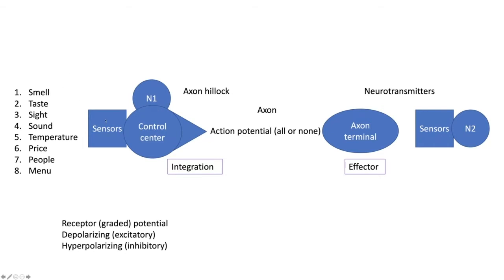And then we have potentials that occur here in the sensors that can be excitatory or inhibitory. These are called receptor potentials or graded potentials, sometimes known as local potentials, because they occur only here at the level of the dendrites. That can be excitatory or inhibitory.